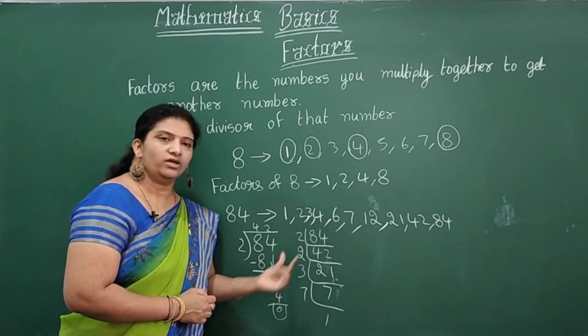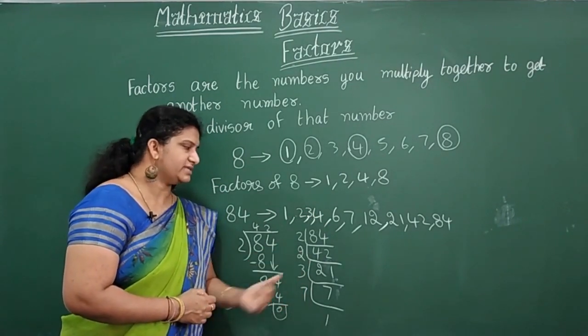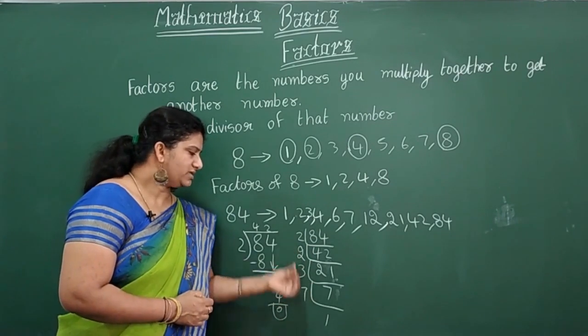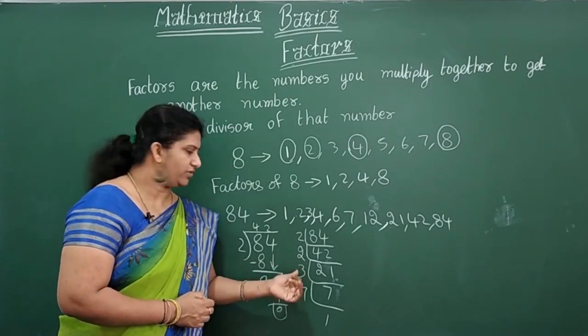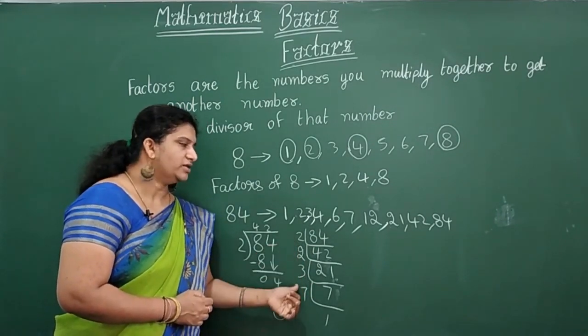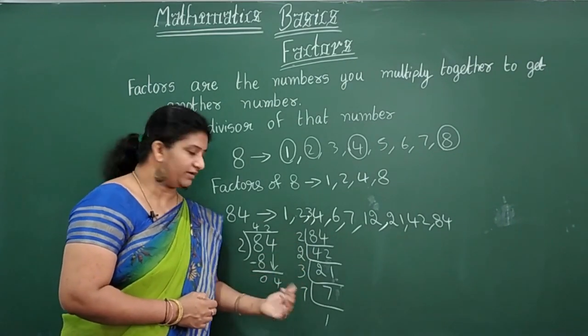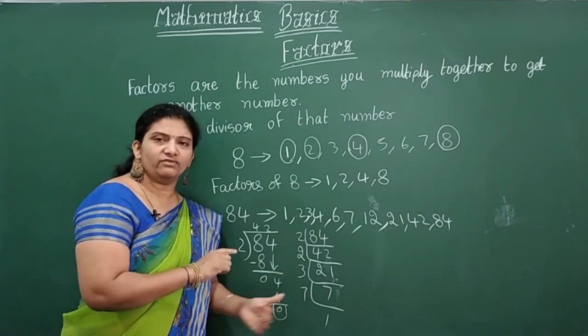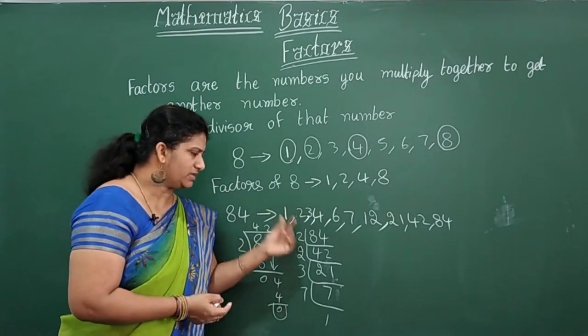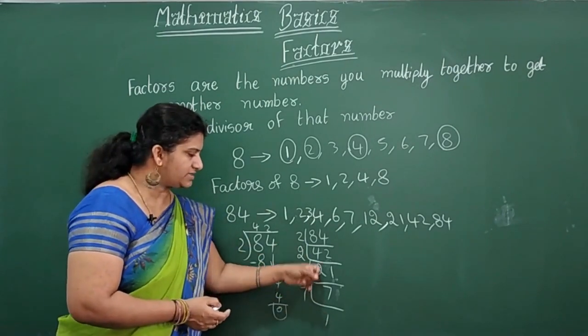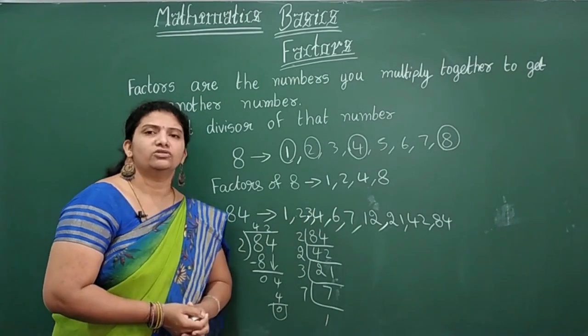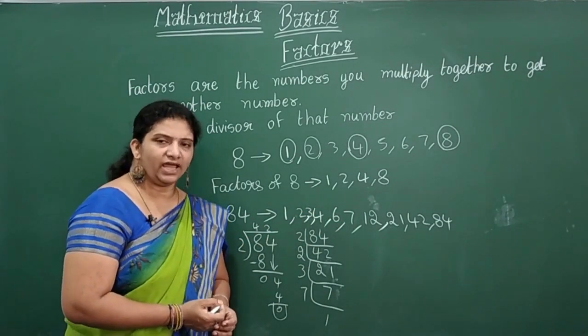Next 4, next 5, 6, 7. So next you can multiply these all. 3 2s are 6, 6 2s are 12. 12 is also a factor. Then you multiply 1 number, 2 numbers, 3 numbers, and you can see. And these steps also you can write there. Those are all the factors of 84.